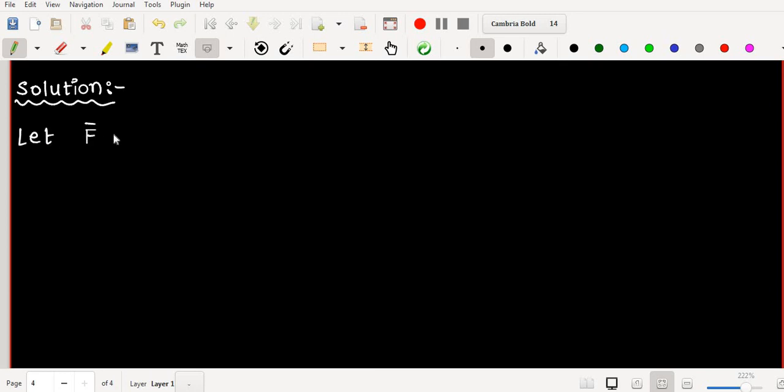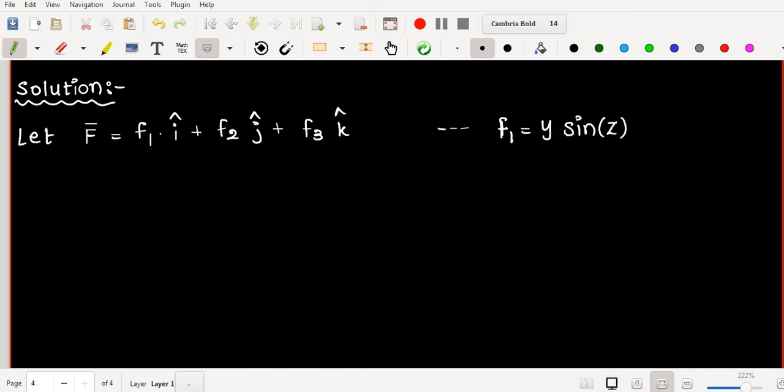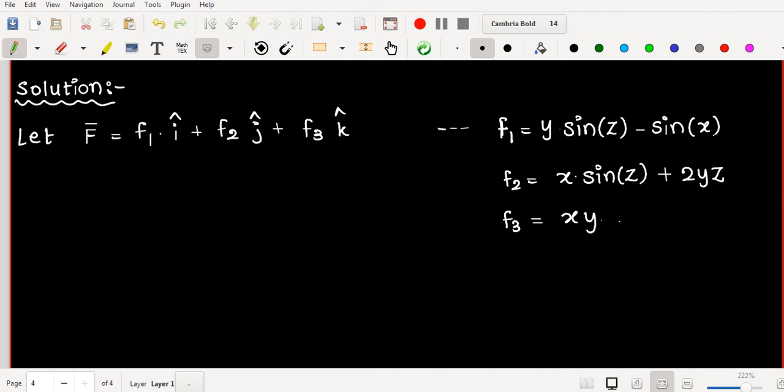So first we consider the vector function. Let f bar is equal to f1 i bar plus f2 j bar plus f3 k bar with the given vector function, where f1 is equal to y times sin z minus sin x, f2 is equal to x sin z plus 2 times yz, and f3 is equal to xy cos z plus y square.